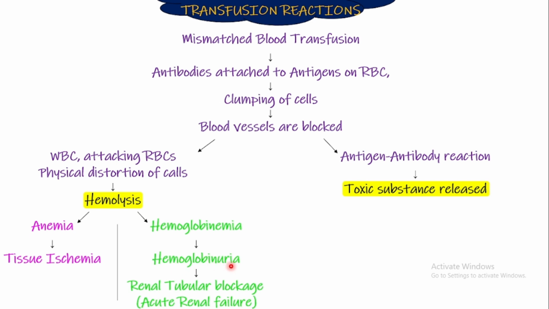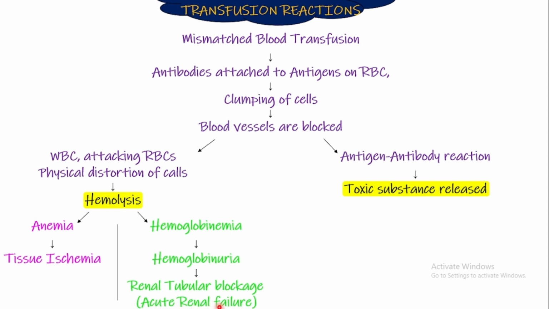When a lot of hemoglobin is in urine, it will deposit in the renal tubules. And when a lot of hemoglobin deposits in the renal tubules, it will result in renal tubular blockage. So finally, hemolysis leading to hemoglobinemia causing hemoglobinuria, and hemoglobinuria is basically causing deposition of hemoglobin crystals in the renal tubules, blocking them.